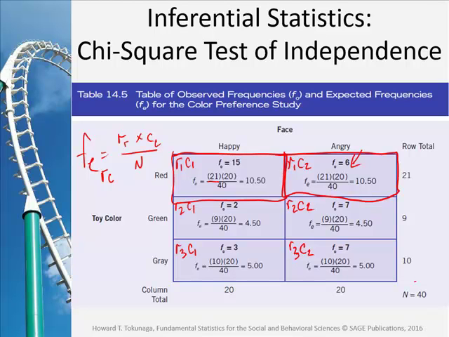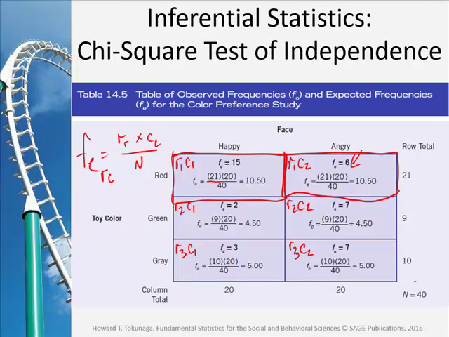What do you notice about the expected values? They're the same, right? That's our null hypothesis, that they should be the same, that we should have an equal distribution from one to the other. So it shouldn't matter whether you get a happy face or an angry face.